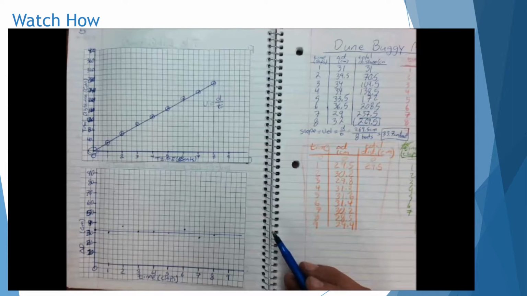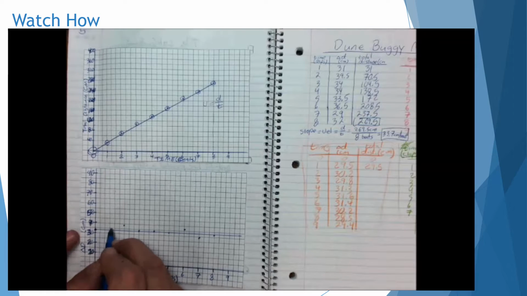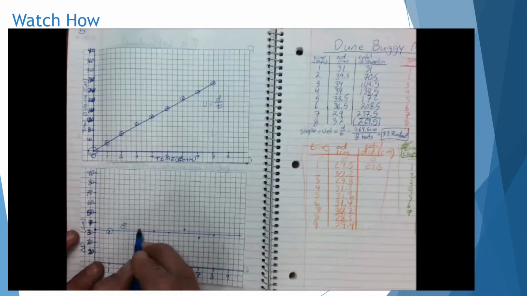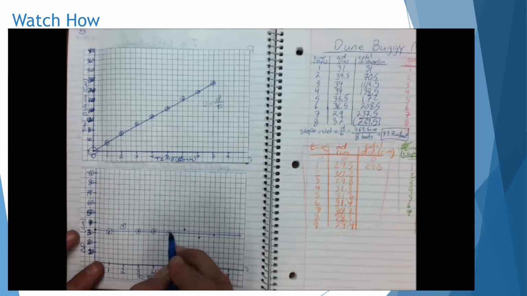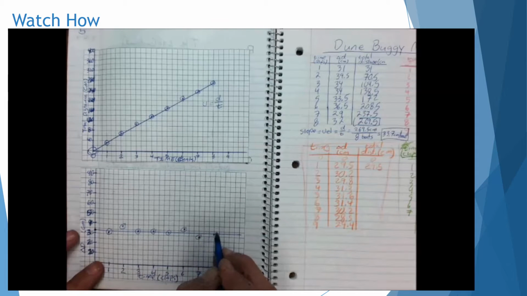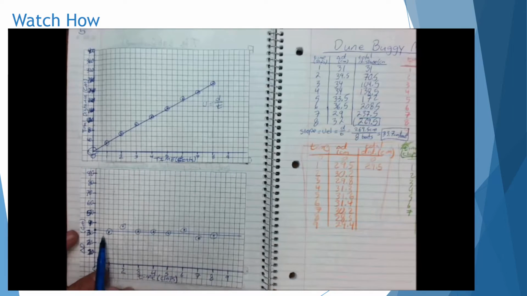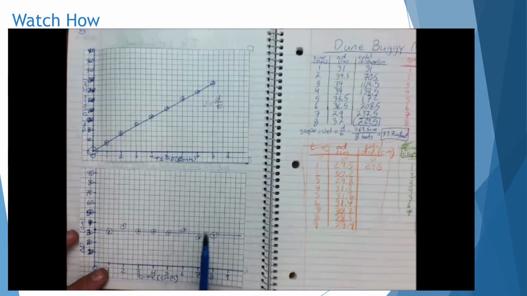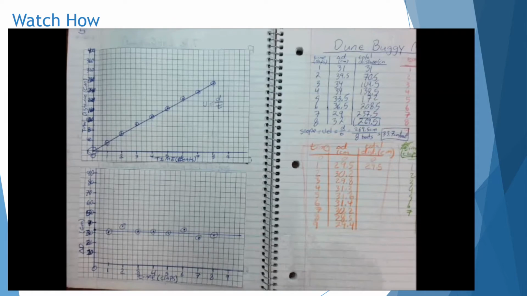Now remember, some of your sets may have 9 data points, and some sets may have 6 or whatever. But these are my data points, like this. Now, are they on the line or not? They certainly cluster around the line, as they should, because this line represents the average velocity of the Dune Buggy.